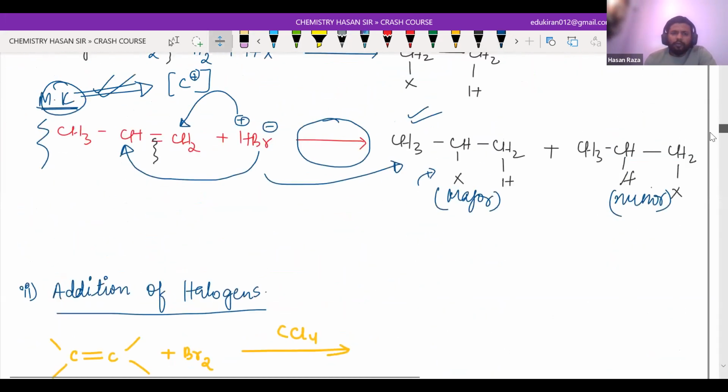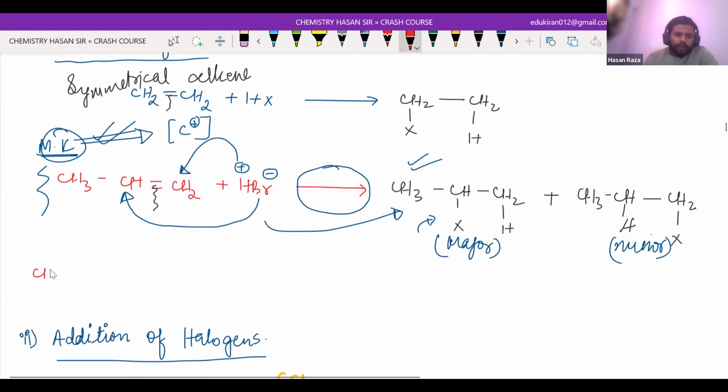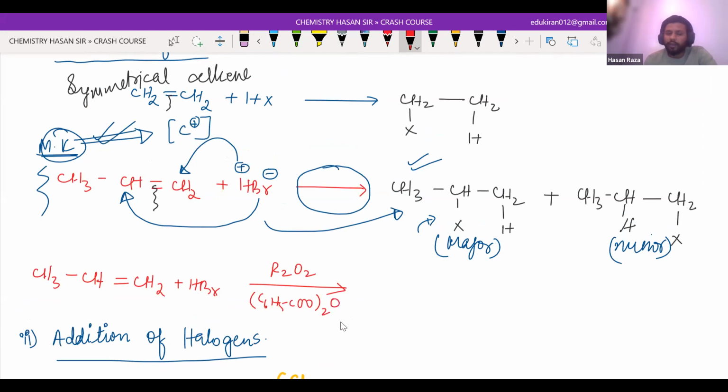Okay. Now moving to the anti-Markovnikov. How are you going to recognize which one is Markovnikov and which one is anti-Markovnikov? Anti-Markovnikov will always be in the presence of peroxide, either written like this, H2O2 or ROOR. So the same reactant in the presence of peroxide, that is anti-Markovnikov.